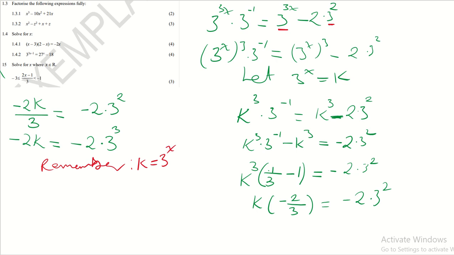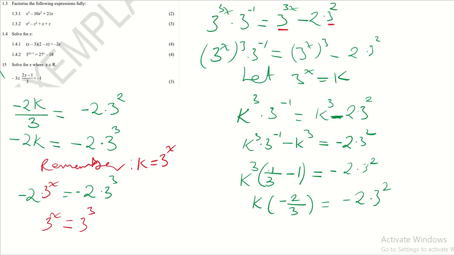So this is actually negative 2 times 3 to the power x, finally got to the answer, negative 2 times 3 cubed. You can divide by negative 2 on both sides, then you'll be left with 3 to the power x is equal to 3 to the power 3.